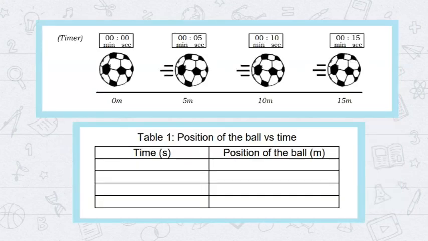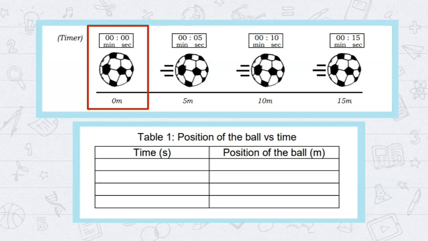Let's have an example. Suppose that a ball is rolling fast on the floor. The diagram shows the positions of the ball at certain time intervals. Let us fill up this table to easily visualize the measurements we will plot on the graph later.